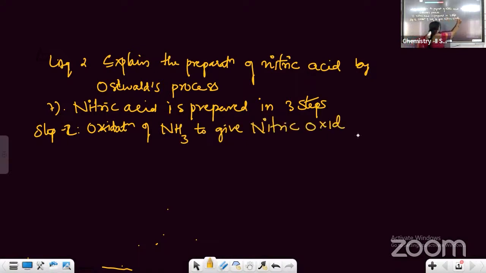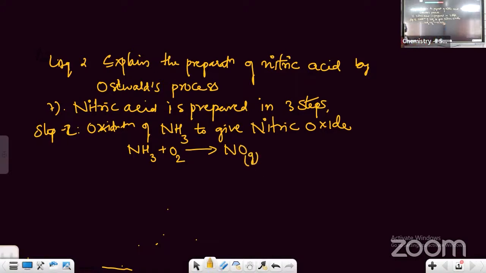Okay, what is step 1? Step 1 is the oxidation of ammonia to give nitric oxide. So ammonia NH3 reacts with oxygen to give nitric oxide, which is in the gaseous state.